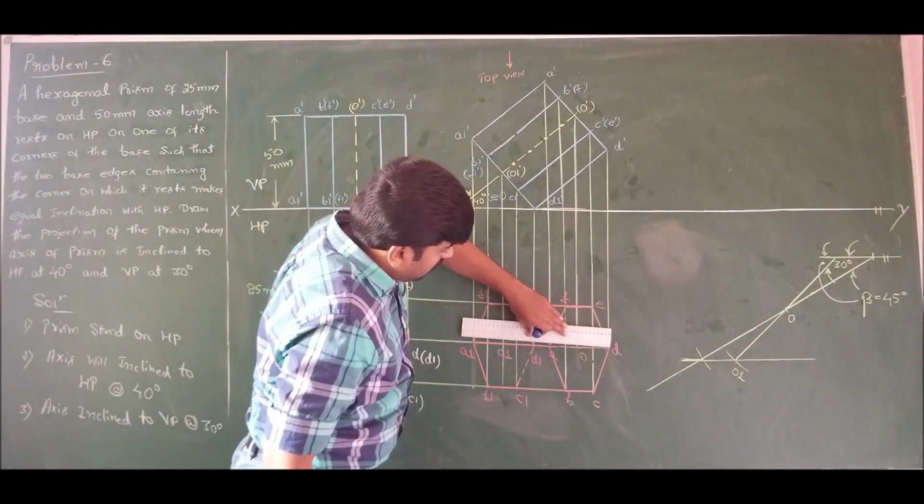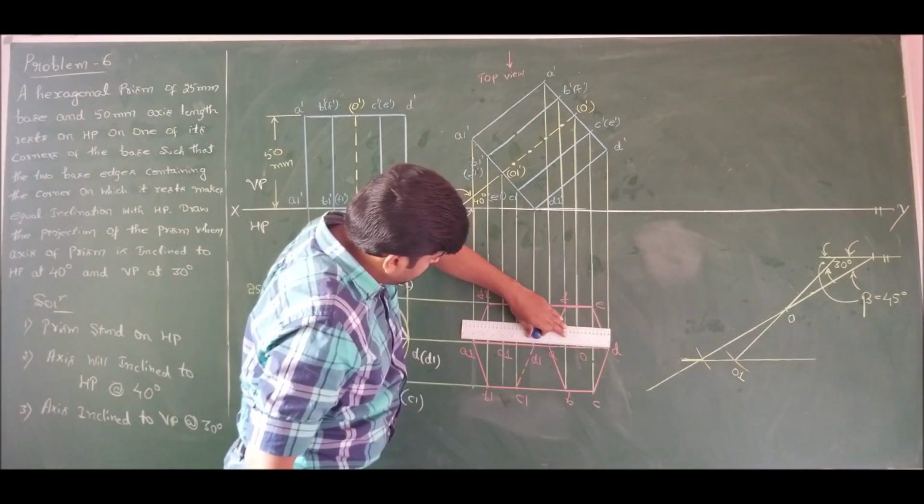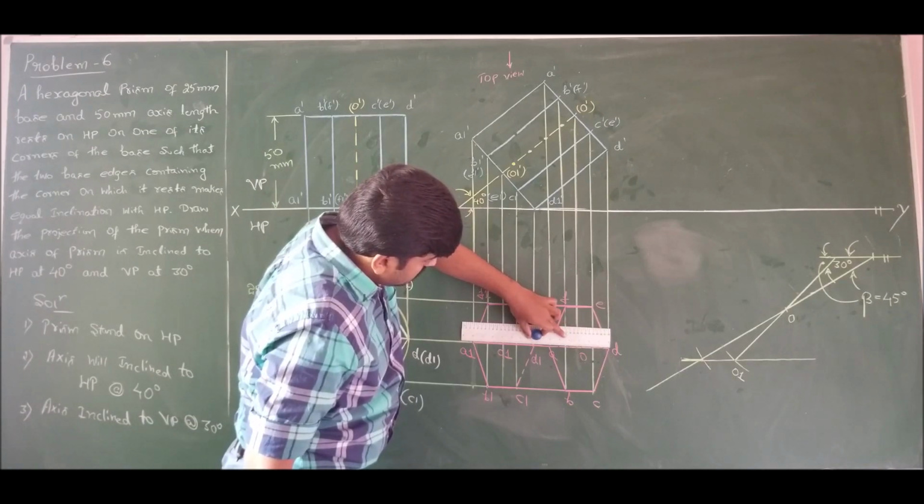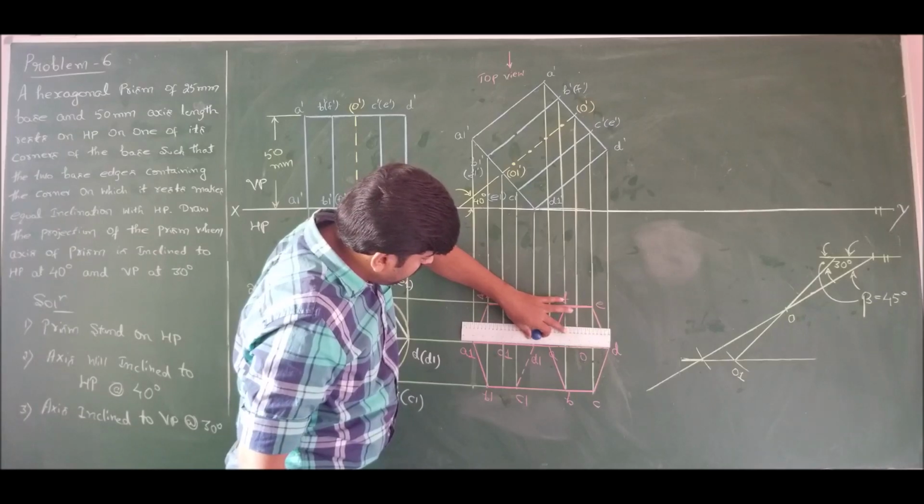Now mark all the corners on this reference line from D to A1. They are D, O, A, D1, O1 and A1.